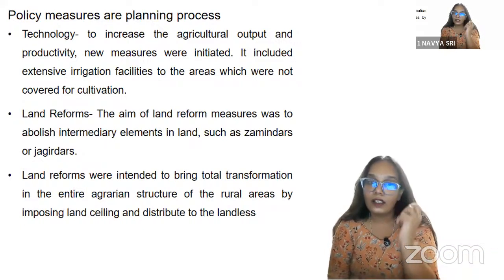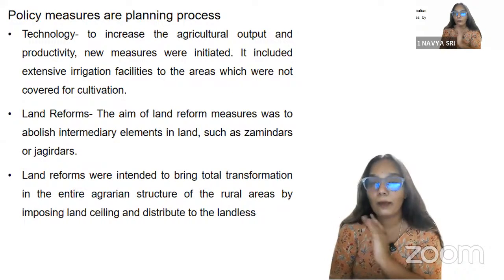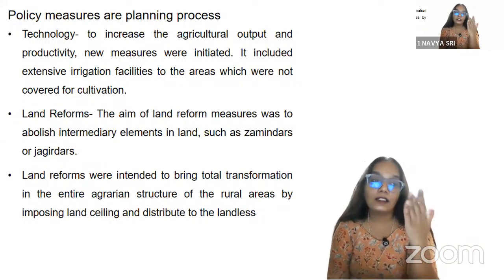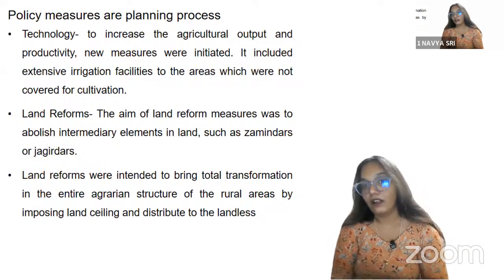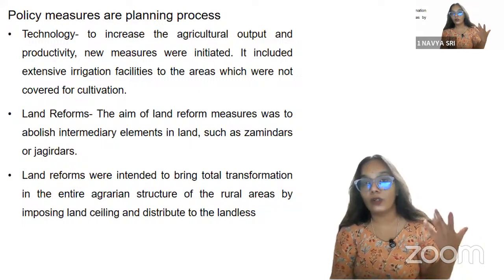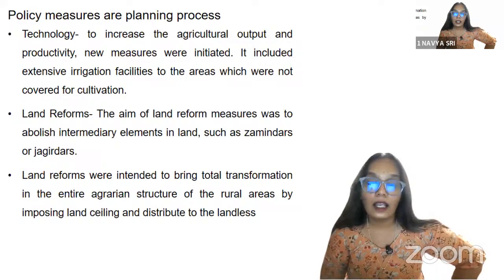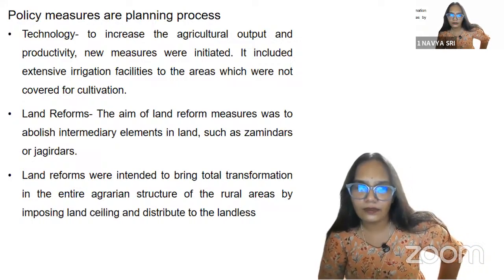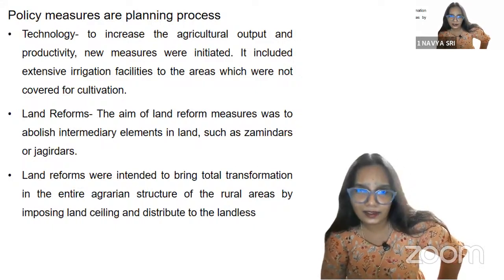Land Reform Act. The basic idea of land reform was to abolish the intermediary elements in land. Land reform was specially made to abolish the zamindari system, where most of the produce was taken by these middlemen, and basically the agricultural farmers were left with nothing, they could be called the landless.